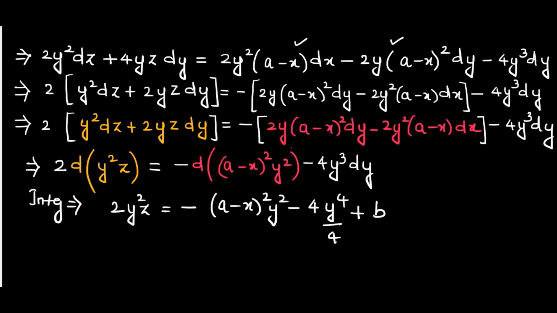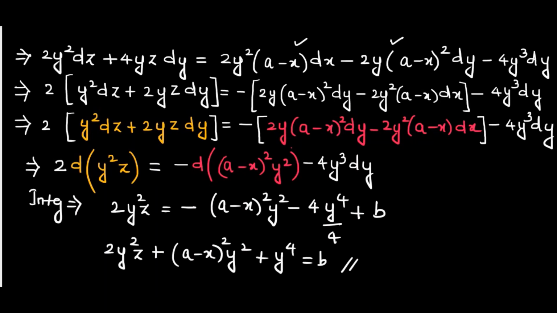Thus we have got our answer. You can simplify this further. Now this will be our solution of the partial differential equation. I hope you have understood whatever steps I have mentioned here.